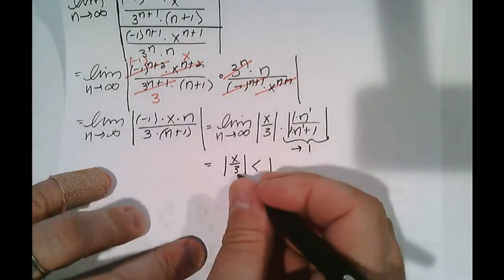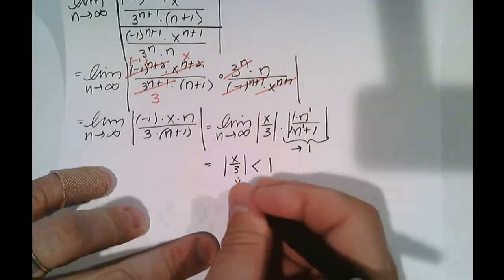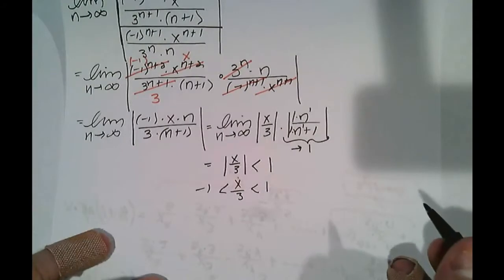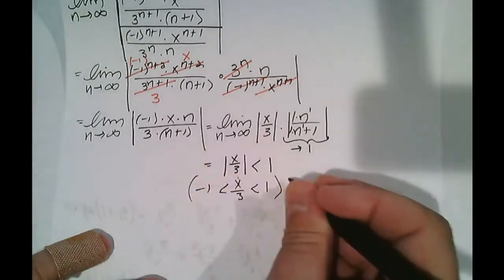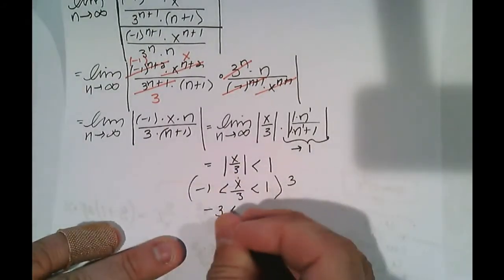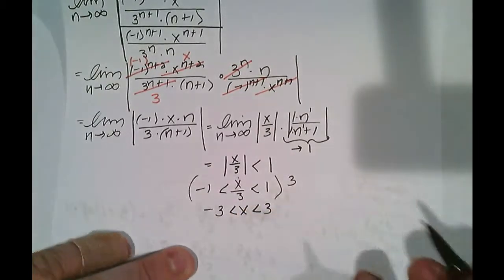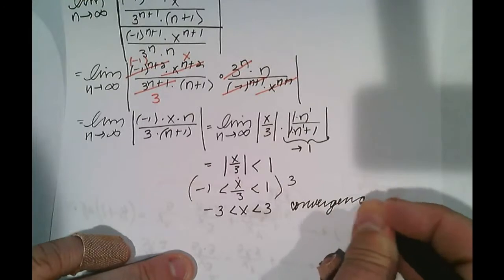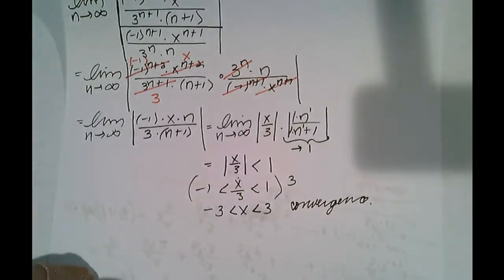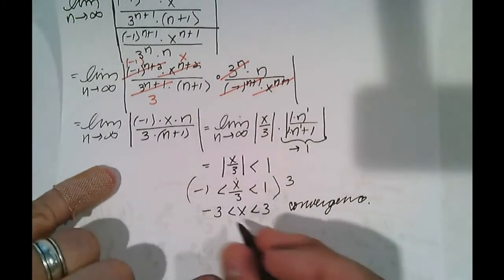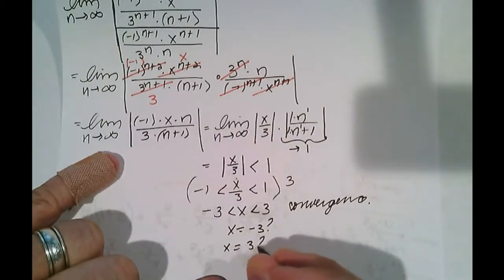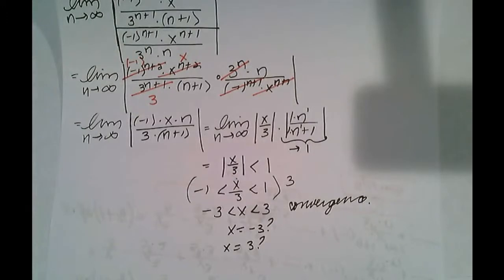So if the absolute value of x over 3 is less than 1, then x over 3 is less than 1, but greater than negative 1. If I multiply everything through by 3, for values of x between -3 and 3, we have convergence. What we don't know, though, is what happens at -3 and what happens at +3.